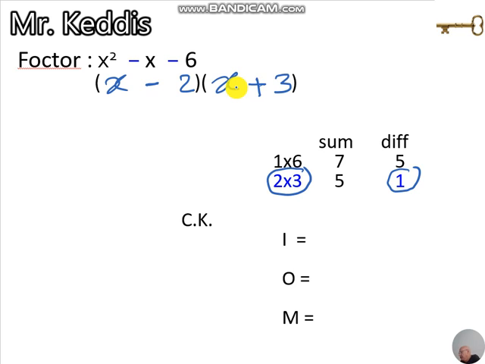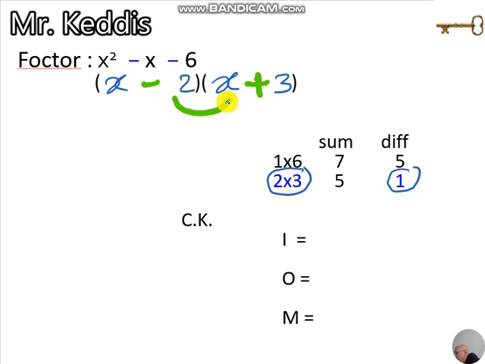When I multiply these two binomials, I have to get this trinomial back. x times x is x squared. Negative 2 times positive 3, I get negative 6. I get the last term. I need to make sure the middle term is negative x.